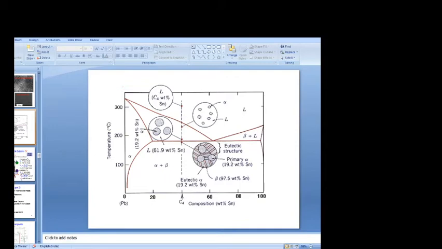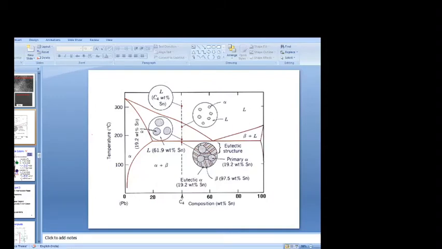In this figure you can see from J to L, that is the liquid, and that liquid basically starts transforming from the point K, and when it reaches L, the liquid phase has a composition of 18.3 weight percentage and 61.9 weight percentage of Sn respectively, as determined from the appropriate tie line.